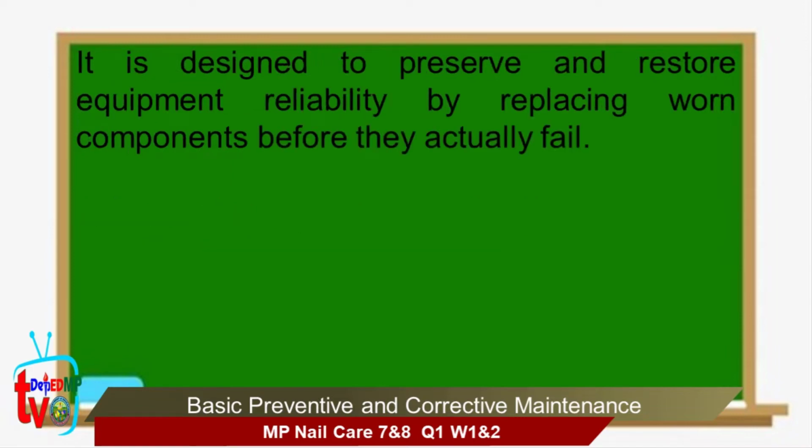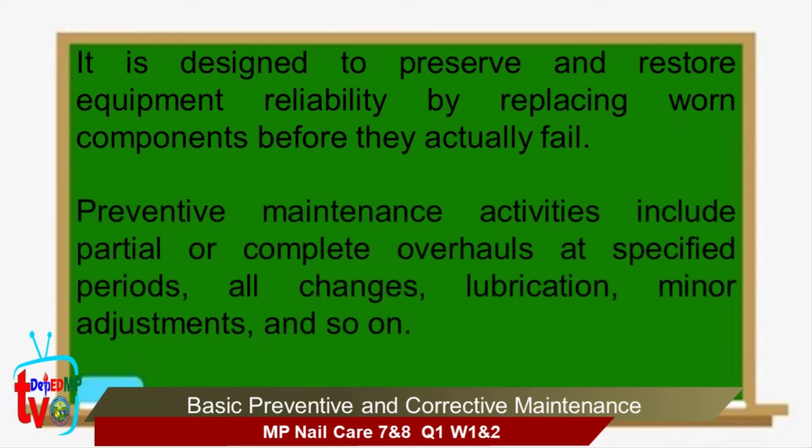It is designed to preserve and restore equipment reliability by replacing worn components before they actually fail. Preventive maintenance activities include partial or complete overhauls at specified periods, oil changes, lubrication, minor adjustments, and so on.